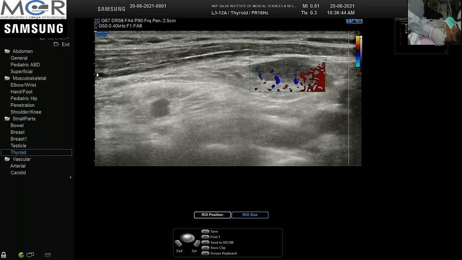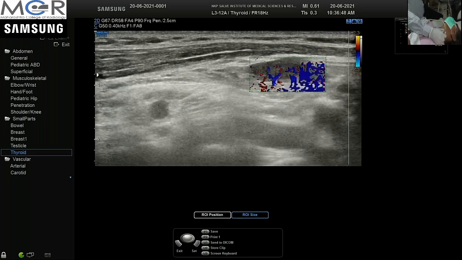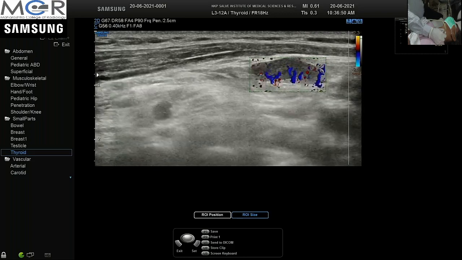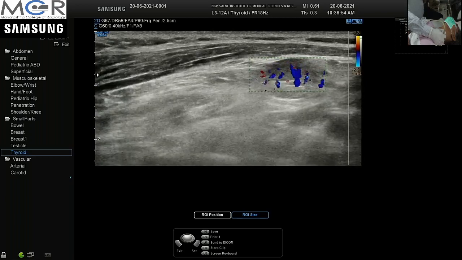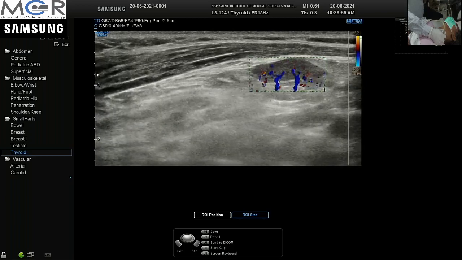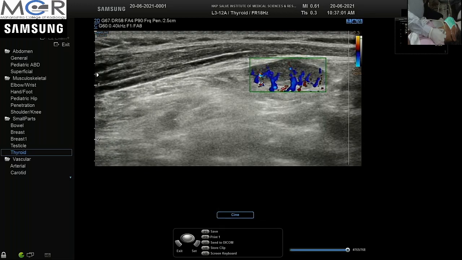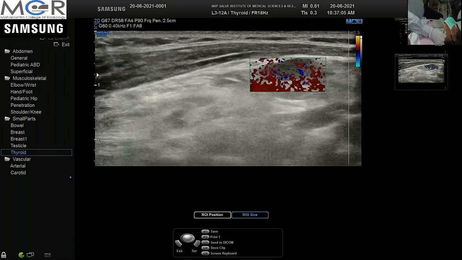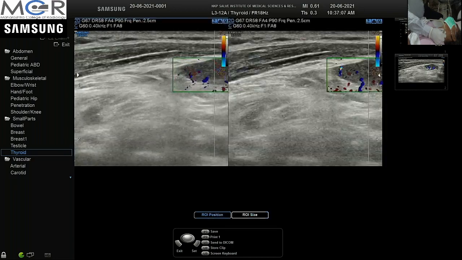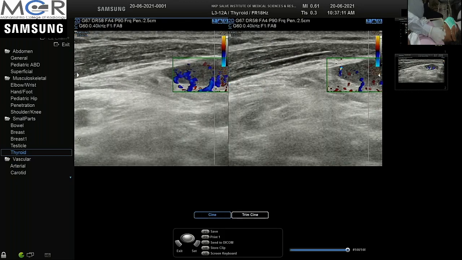If you reduce PRF, you see that it shows the small vessels with little flow, they also are seen. And you can see here there are multiple vessels in the long section. We'll just freeze this, take it on the side, keep that picture with us.